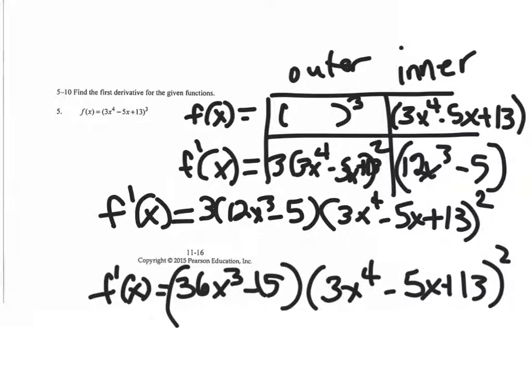All right, let's look at another example. So this time we have f of x equals 4 times the natural log of 9x minus 7. Now, here's my question. Is this a product rule?